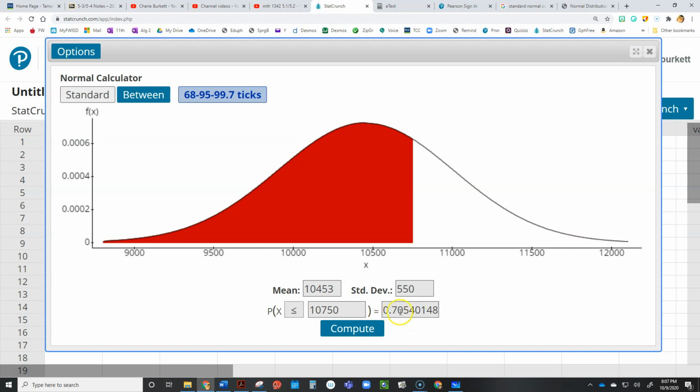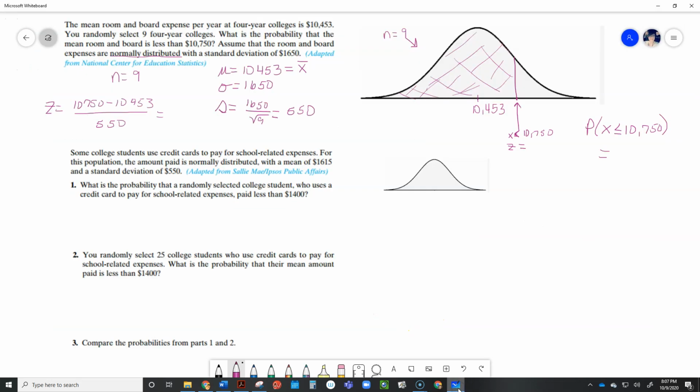So the probability is 0.7054, and you can change that to a percentage, and they'd probably say it's about a 71% chance. That's how they would answer, 71%.